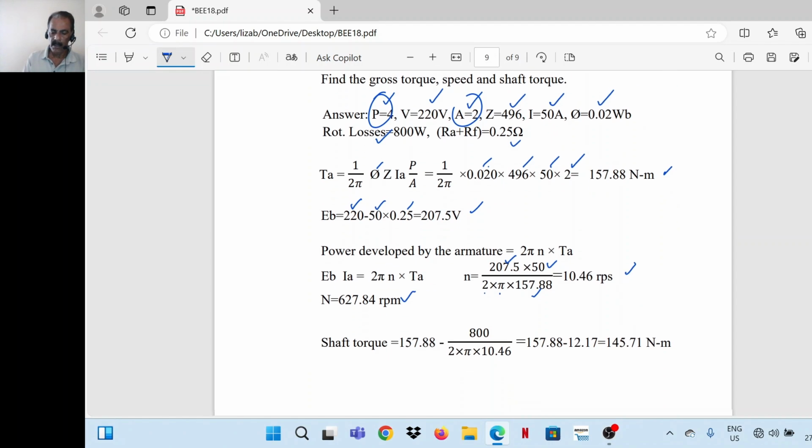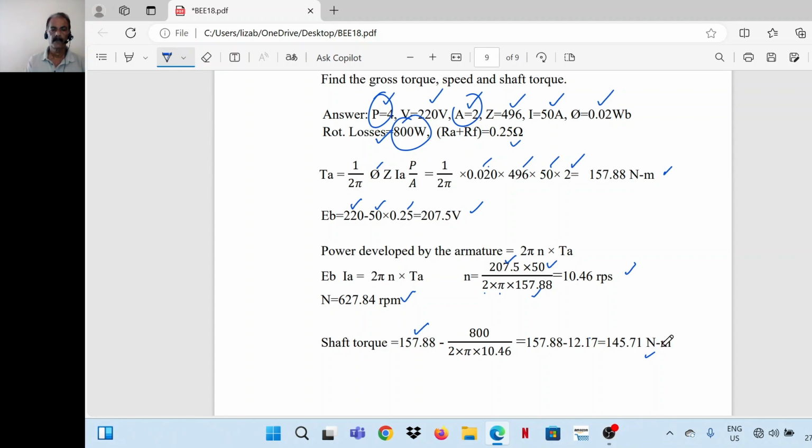Then shaft torque is equal to the armature torque, 157.88, minus the torque lost. Rotational losses are given as 800 watt, and 800 divided by 2 pi n is the torque lost. So armature torque minus the torque lost is 157.88 minus 12.17, that is 145.71 Newton meter.